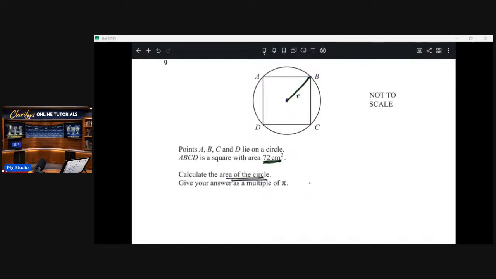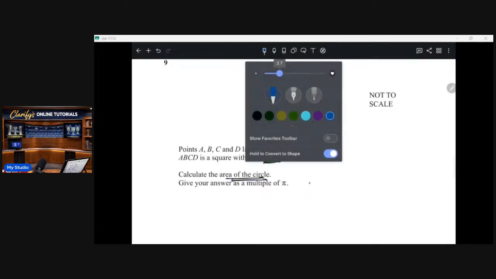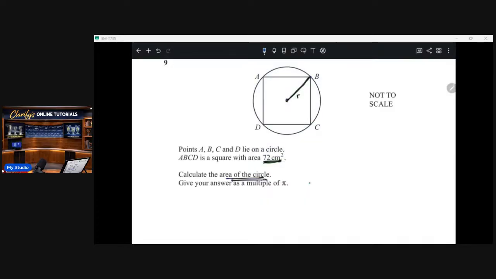Since you know the area of the square, what can you find? If I look at this, what you know is that the square is these sides.